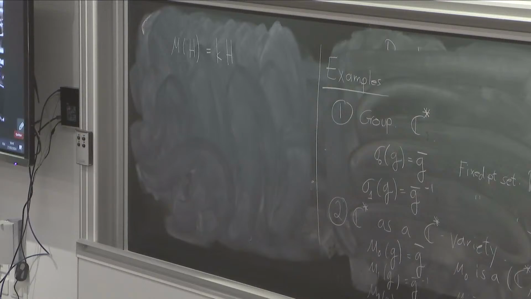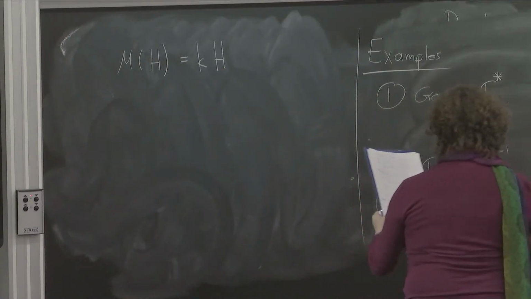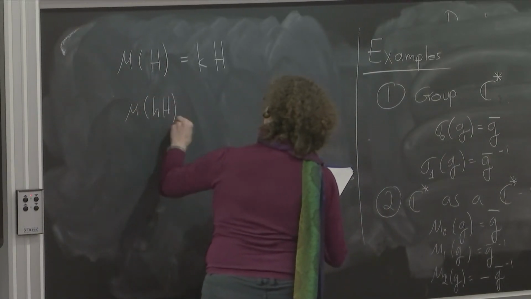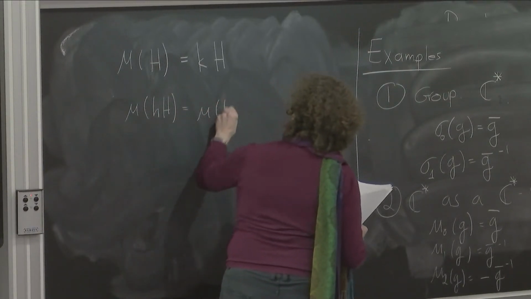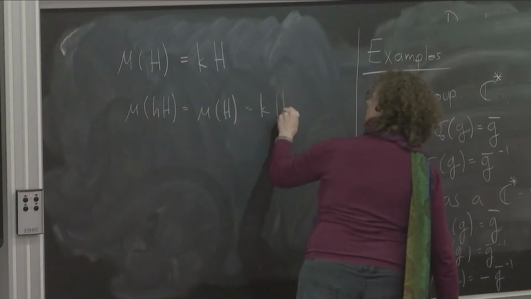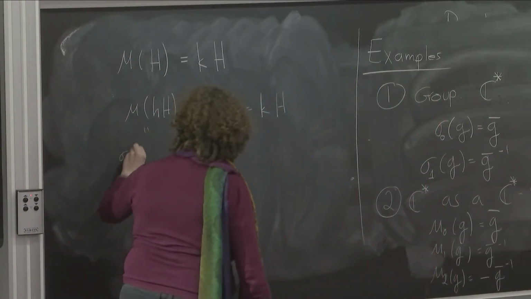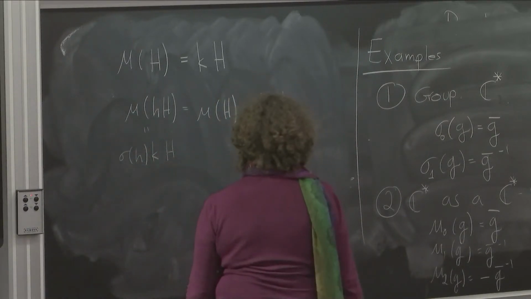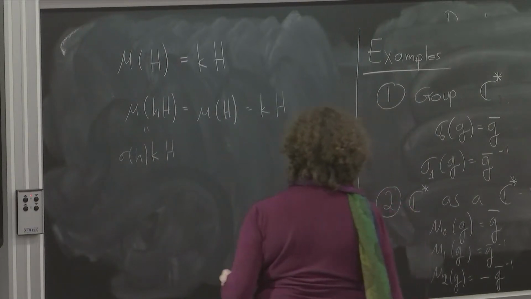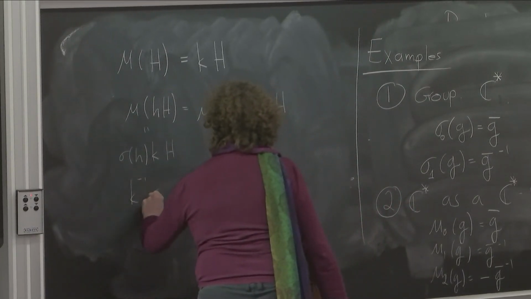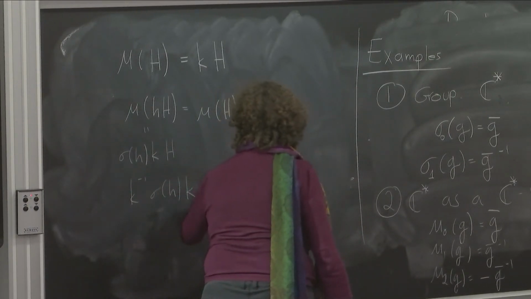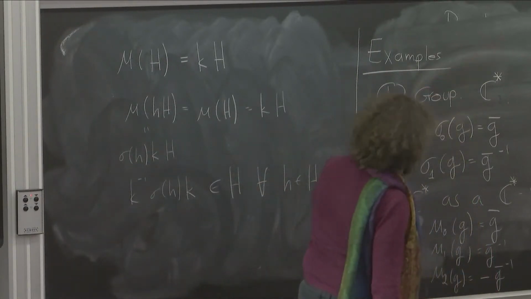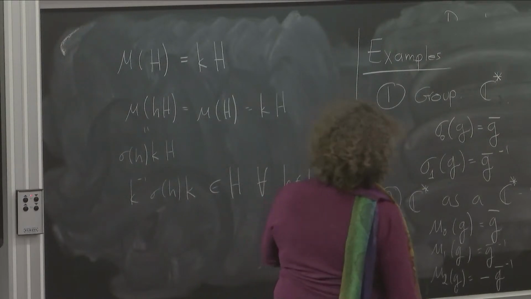But first of all, I need that mu of H has to be the same as mu of H, which is KH. And this is sigma H, KH. This means that K inverse sigma H, K belongs to H for all H in H. That's my first condition. Oh, did I put it the wrong way around?